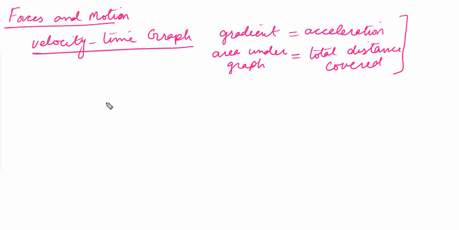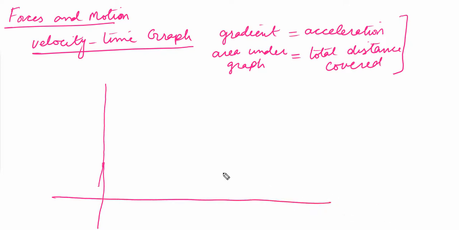Now in this area, let me just draw a y-axis where we'll have the velocity, and in the x-axis we will have time. So this is the y-axis, this is the x-axis. In the y-axis the unit is meters per second, and we will have time in the x-axis, and the unit is seconds.